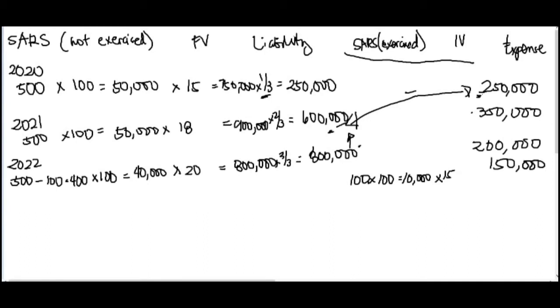So, pag tinanong, what is the total compensation for 2022? You have to add 200 and 150. Kaya, total compensation is 350,000. Again, you have to add that from the not exercised SARs, yung kinompute natin kanina, and that from the exercised SARs: 200 plus 150, it's 350.